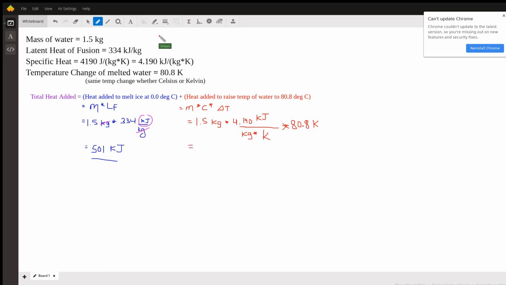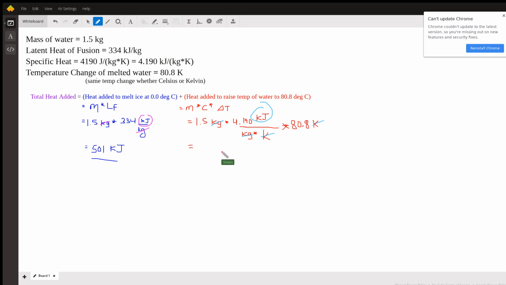Now again, notice how the units cancel out here. So we have kg and kg, Kelvin and Kelvin, and we're left with kilojoules in our final answer units.